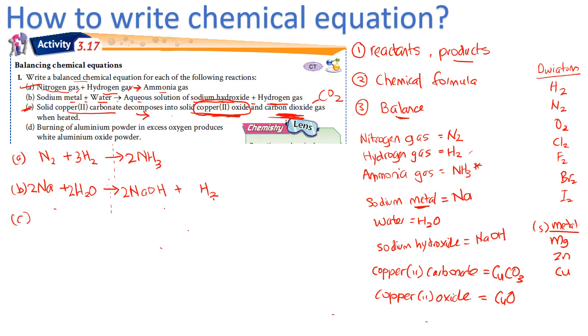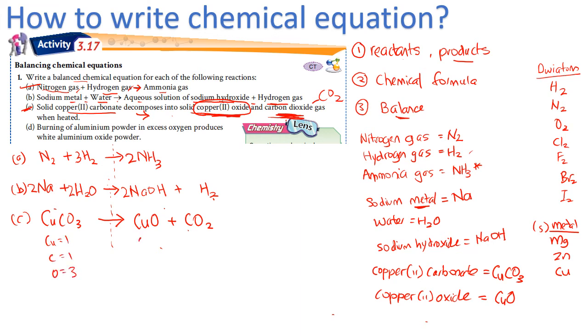Now we try to write the chemical equation. Copper 2 carbonate, CuCO3, decomposes to form the products copper 2 oxide, CuO, and carbon dioxide gas, CO2. Now we try to balance the equation. For the reactant, copper you got 1, carbon got 1, oxygen you got 3.